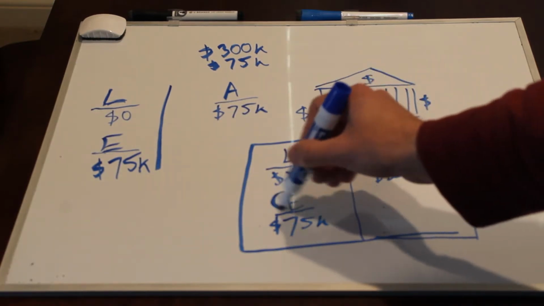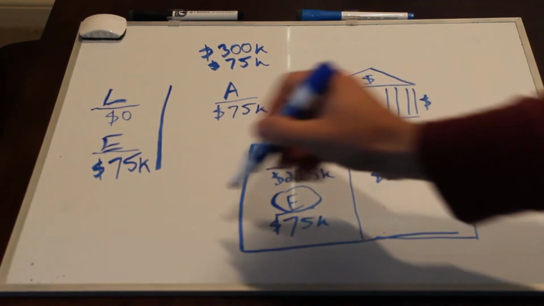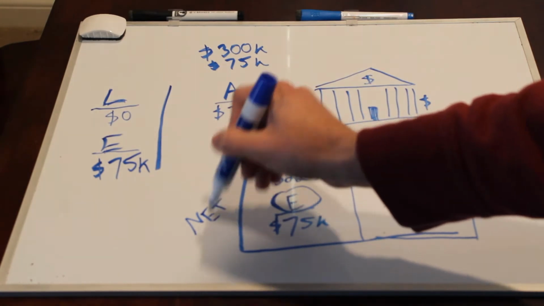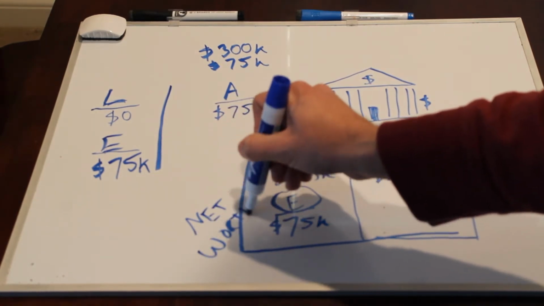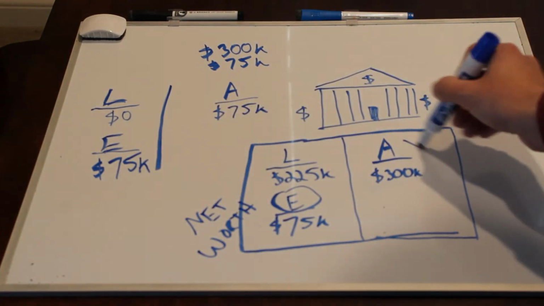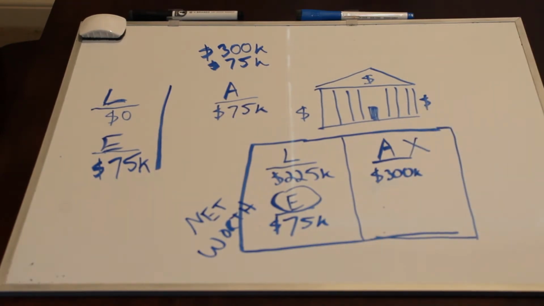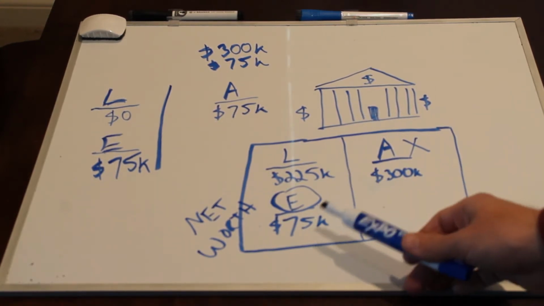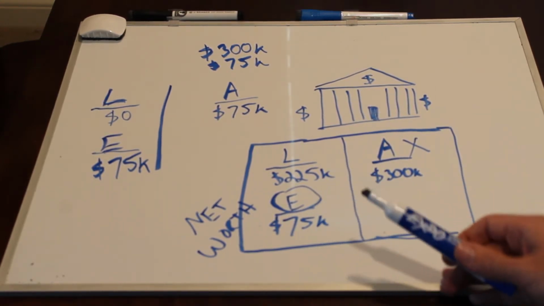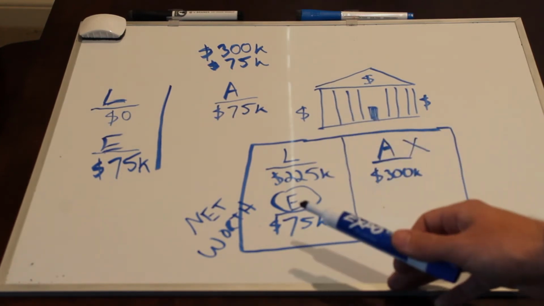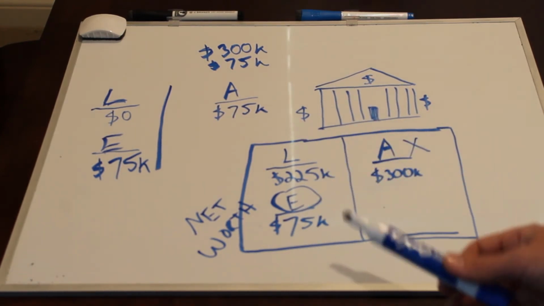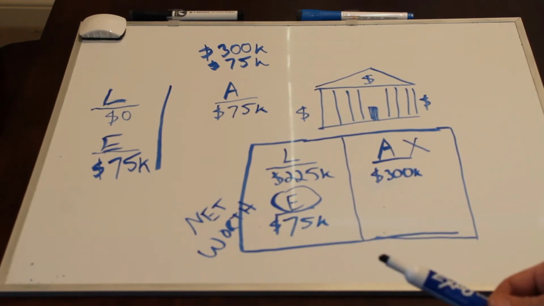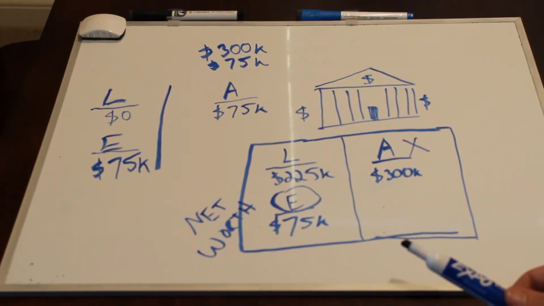This is your net worth, not your assets. If a group of people own this equity, you could call it shareholders' equity. This is what a corporation does: publicly traded corporations say that they own this equity.